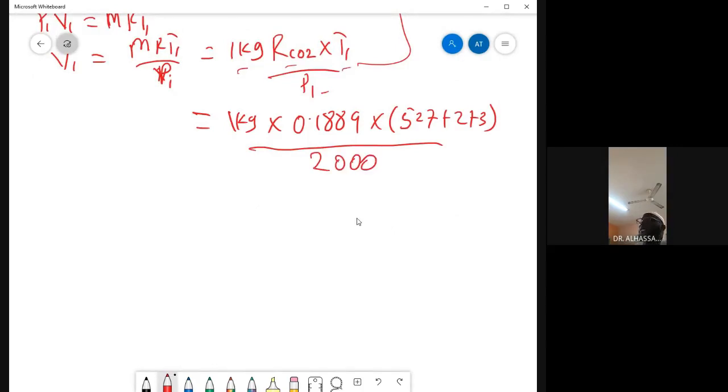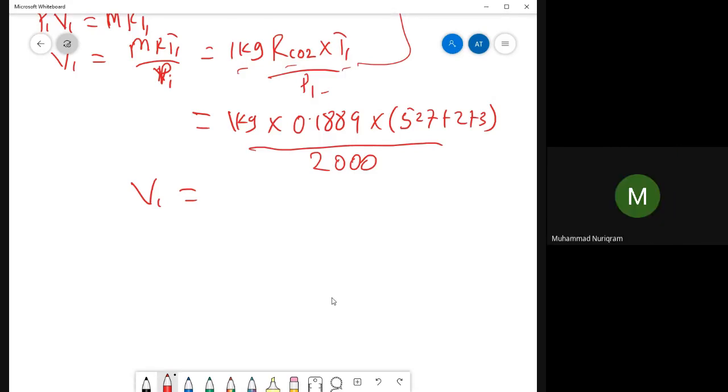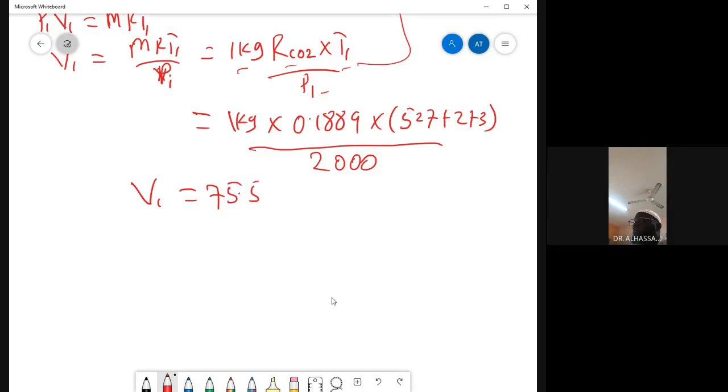Okay, so what is the final volume V1? 75.56. So meter cube. So now we'll substitute into this equation.